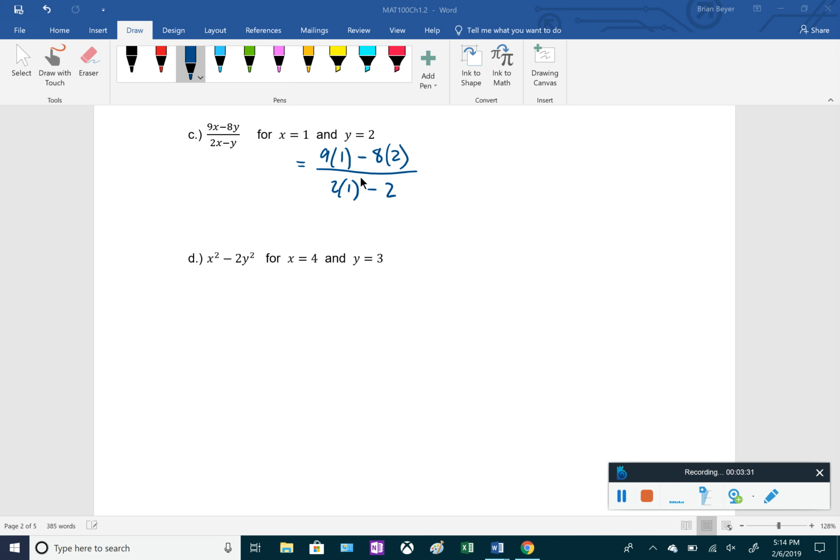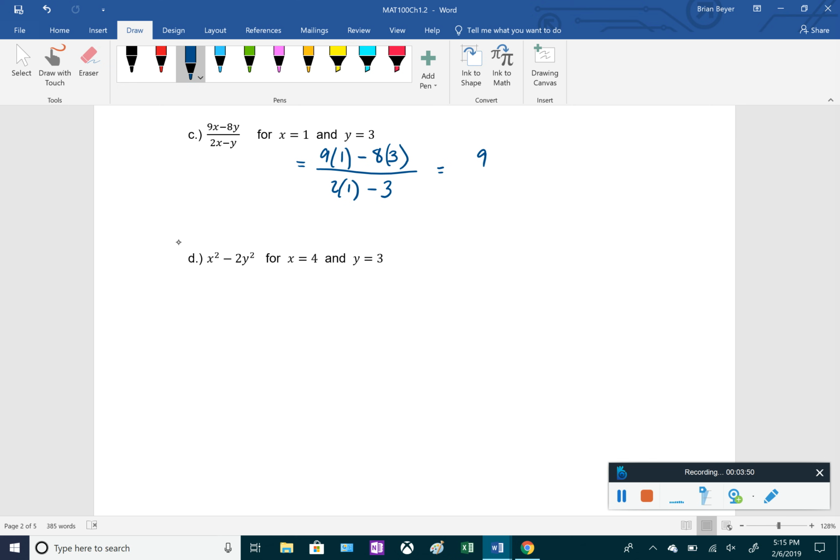Actually, for a reason which I just saw, I'm going to change the y to a 3. The reason why I'm doing that is because the denominator would have been 0. So I'm going to plug in a 3 into y instead. So I'm just changing those ones.